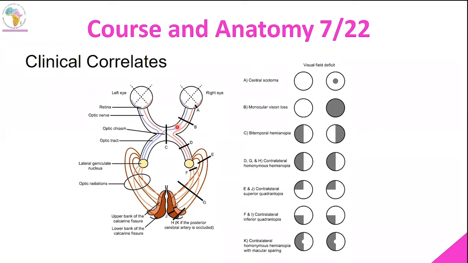As a result, information being received in the primary visual cortex would be incomplete, and what we'll be having is a loss of perception of light, which is the stimulus for vision, in the temporal visual field.